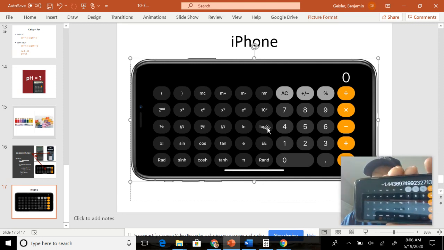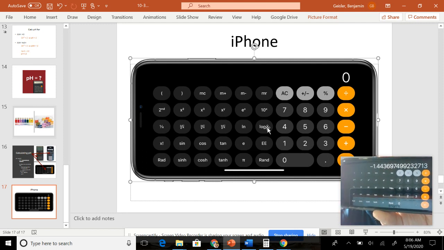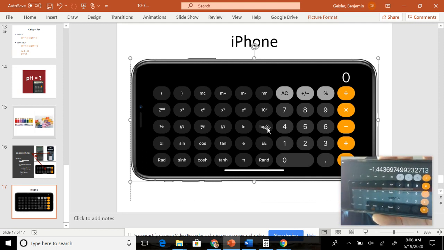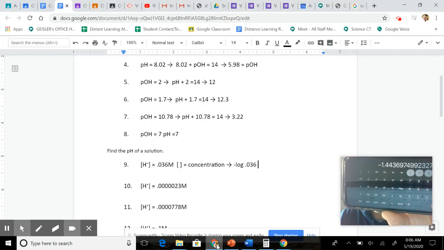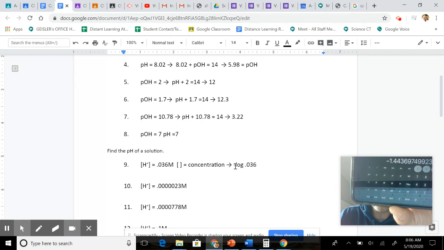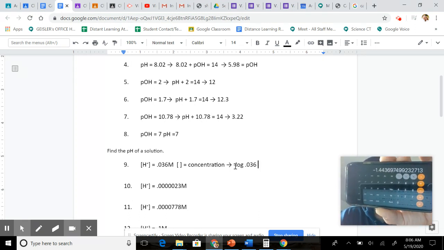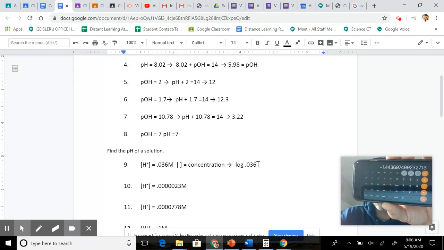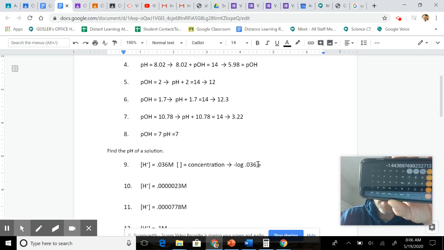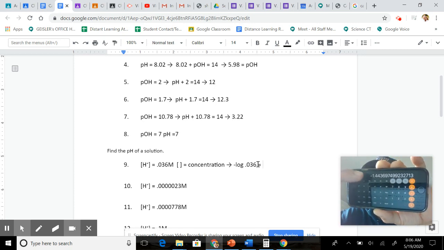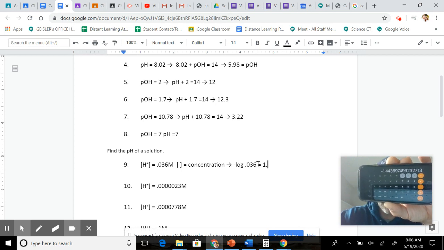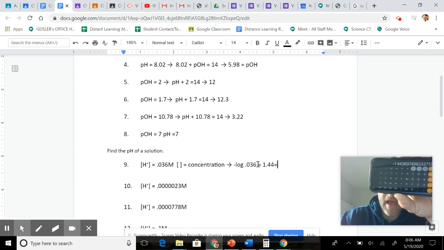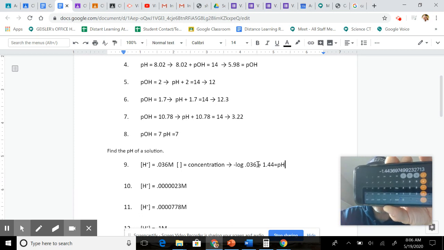When I do that, I get a negative 1.44. Now, I don't have a negative log function on the iPhone, so I use log to the subscript 10. That works. All I have to do is turn this into a negative. If a negative becomes a negative, it becomes positive, right? So the answer is 1.44. That is the pH.